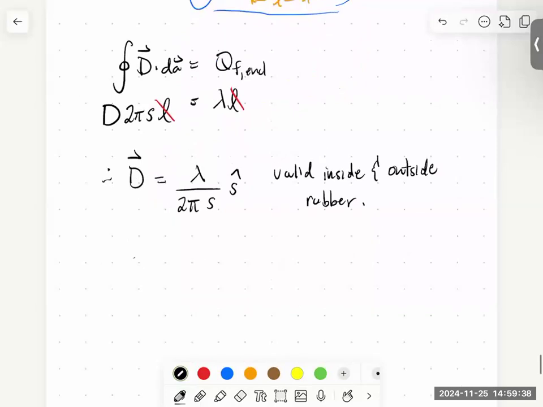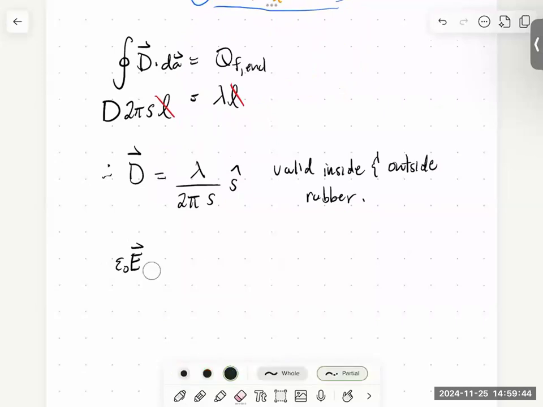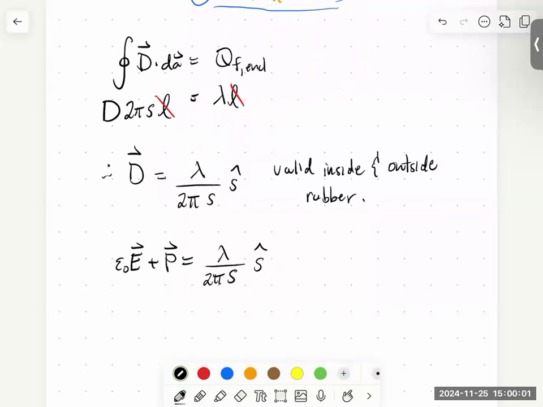So in fact, we would say epsilon naught times E plus the polarization is our electric displacement, lambda over 2 pi s, s hat. We can't really go any further unless we somehow knew something about this polarization.